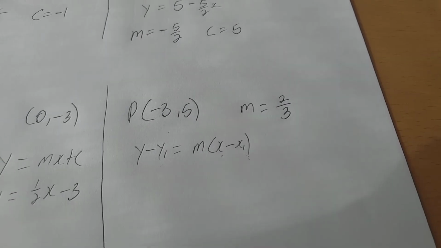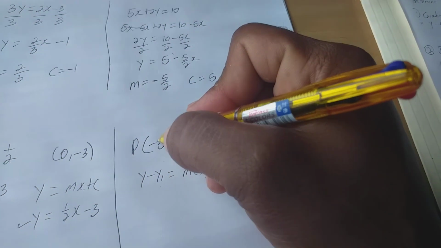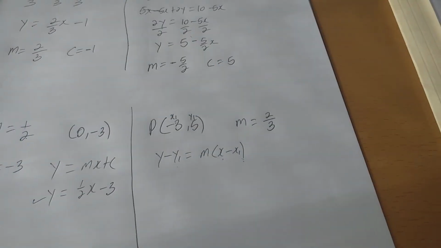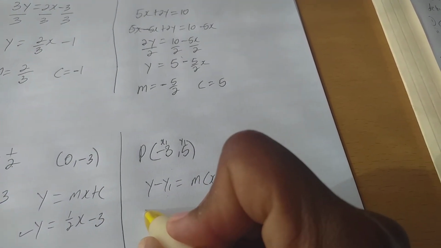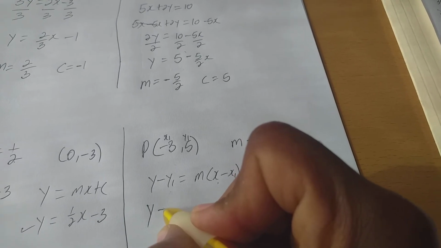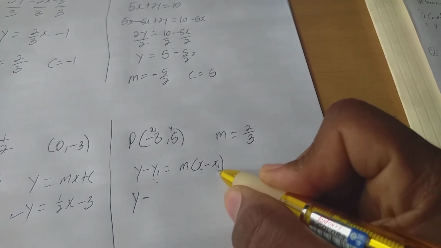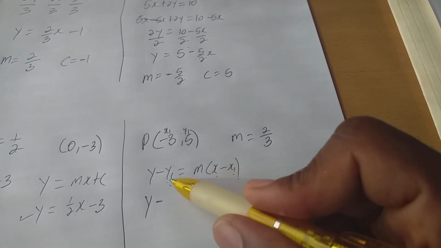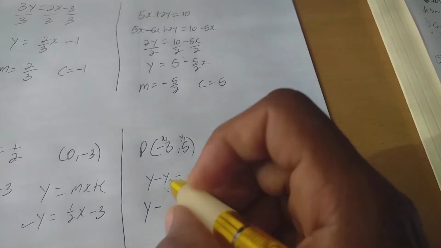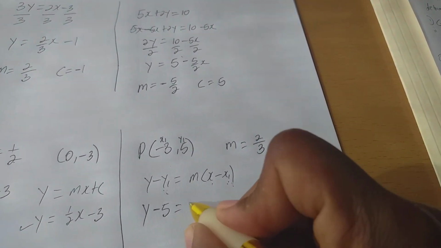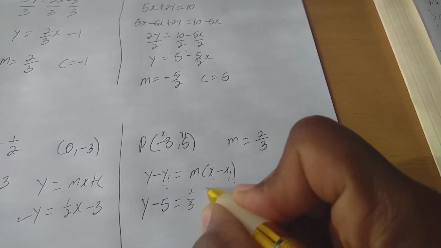So since this is my point, this then is my x1, which makes this one my y1. Substituting into the equation, the only thing to be replaced is y1 and x1. So it then becomes y minus 5. Replace the m, the gradient, which is 2/3.